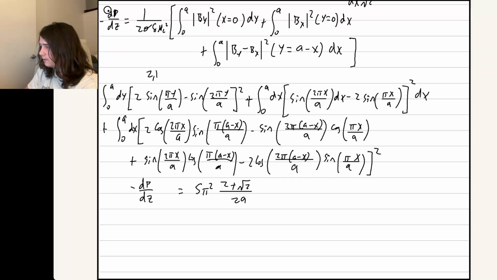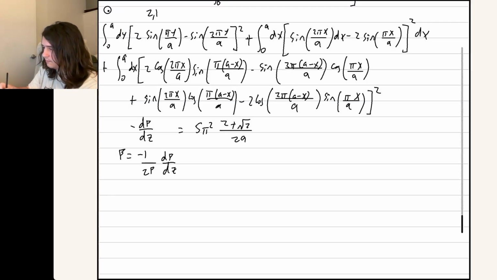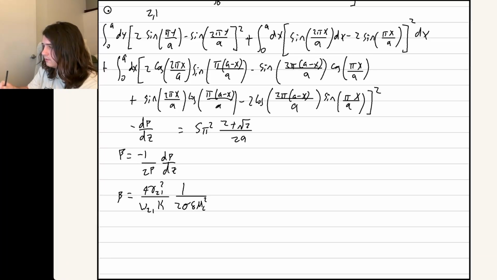So plugging it all in, what we got for our P, and we're doing 1 over 2P dP/dz, so I'm just going to write this out. What we got for P, and multiplying it by 2, we'll have that beta is 4 gamma 21 squared over omega 21 k times 1 over 2 sigma delta mu c squared.